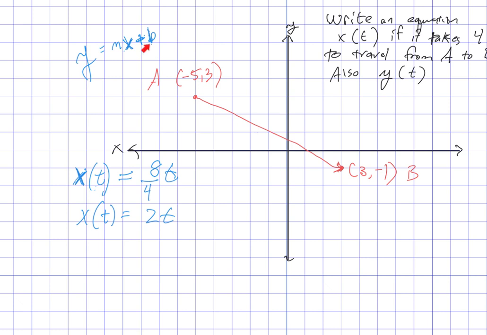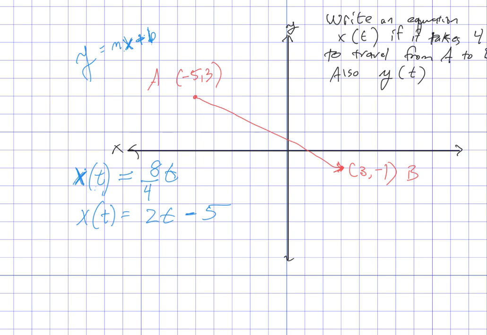I'm doing when t is 0. When t is 0, what is x of t? At time 0, I am starting at -5. So it's 2t minus 5. That is my equation for x of t.